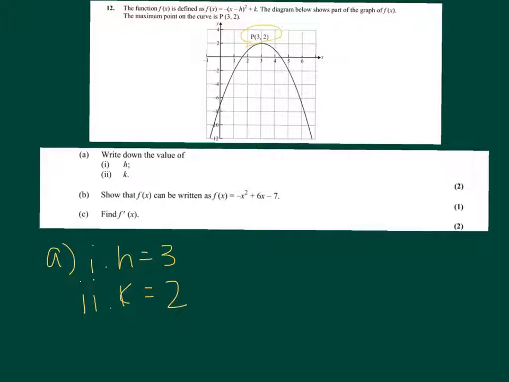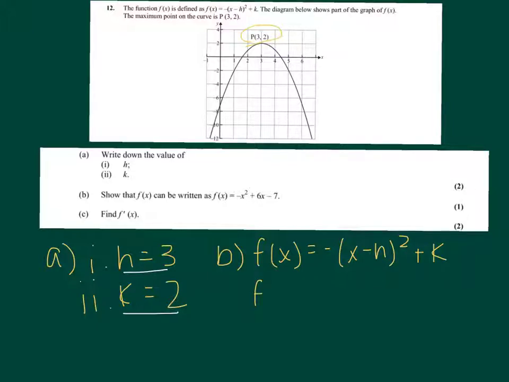So now we use the formula that they gave us, f of x equals negative (x minus h) squared plus k, and we plug in our values of h and k. So f of x equals negative (x minus 3) squared plus 2.